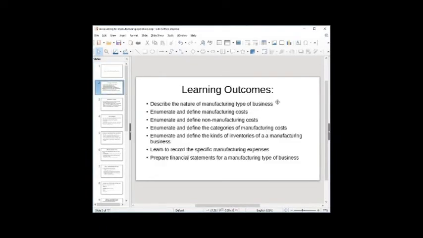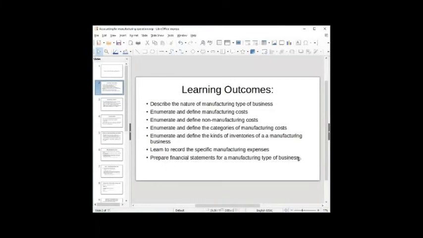In today's discussion, you will learn the following. You will learn to describe the nature of manufacturing type of business, enumerate and define manufacturing cost, enumerate and define the non-manufacturing costs, enumerate and define the categories of manufacturing costs, enumerate and define the kinds of inventories of a manufacturing business, and learn to record the specific manufacturing expenses.